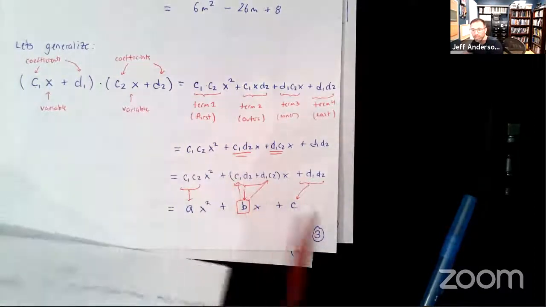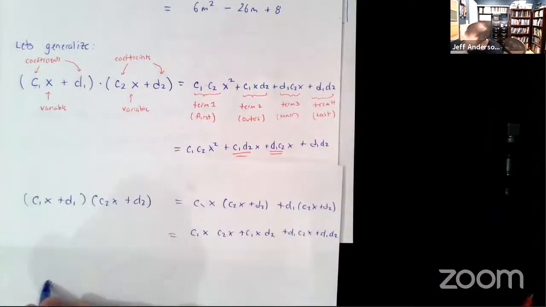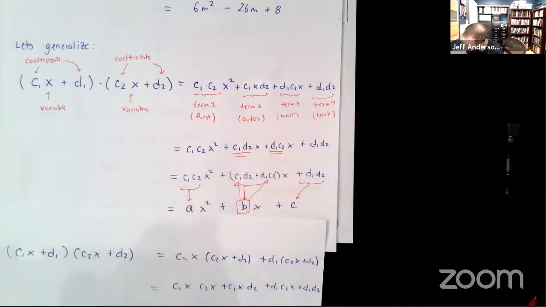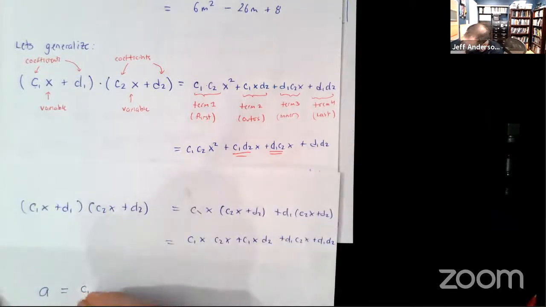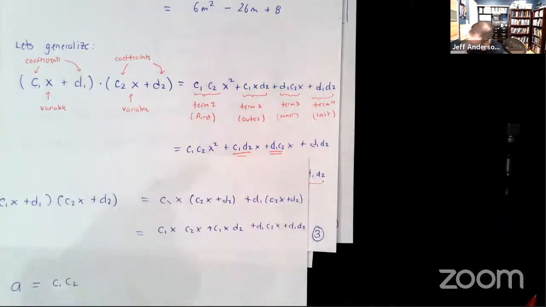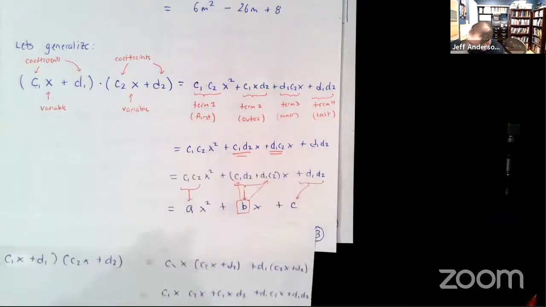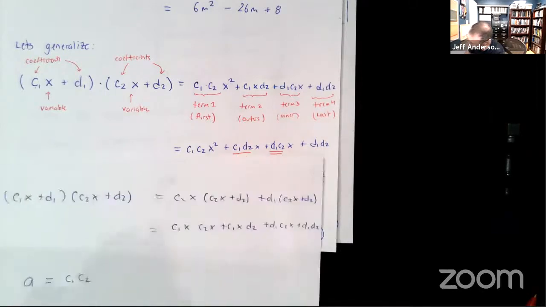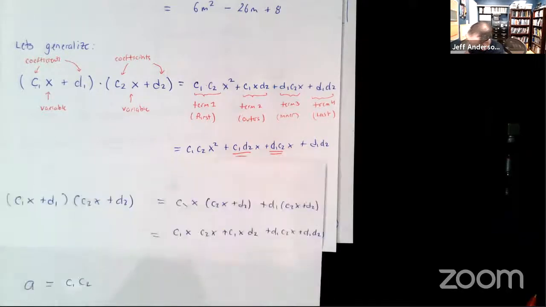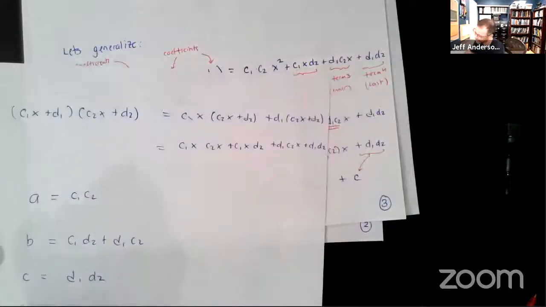What I wanted to show you was, in this relationship, I have A is equal to C1 C2, B is equal to C1 D2 plus D1 C2, and C is D1 D2. Okay, so check this out for a second.